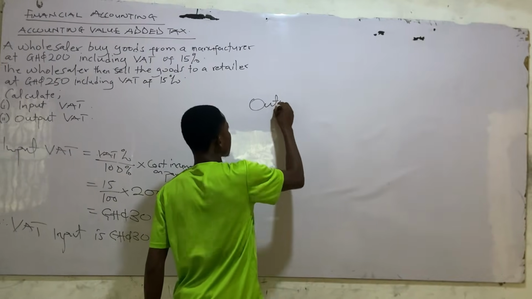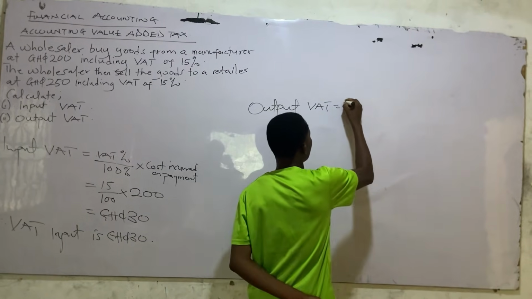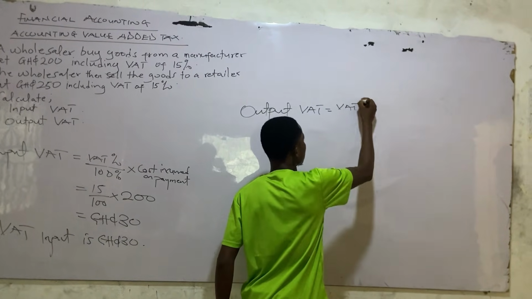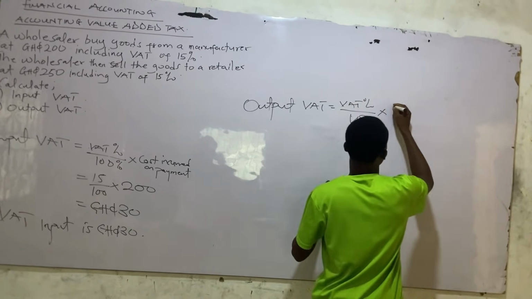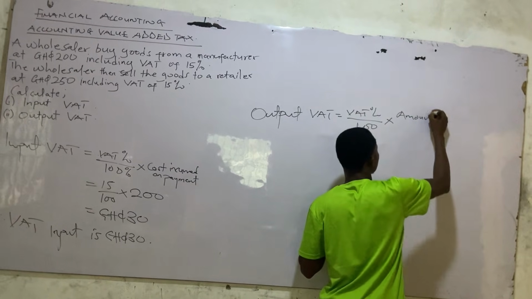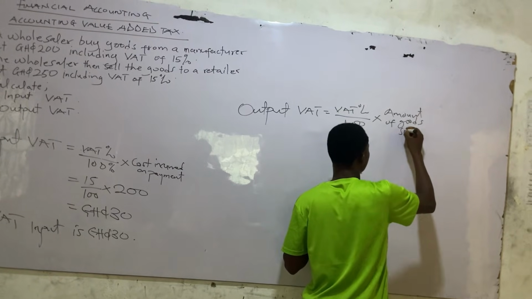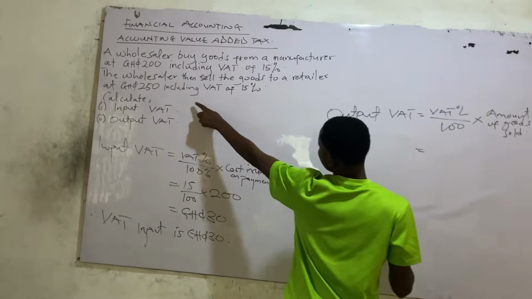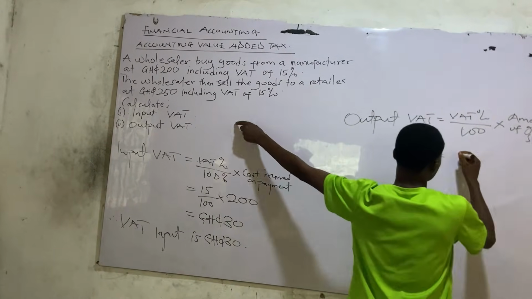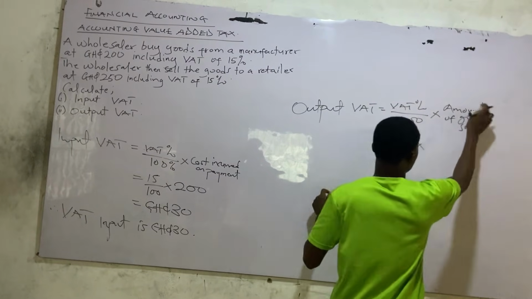So let's find the output VAT. So we have output VAT, which is VAT percentage over 100 times the amount of goods sold. So now we have the VAT percentage to be what? 15. So we have 15%, 15 over 100 times the amount of goods sold.